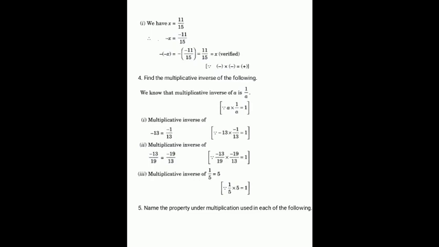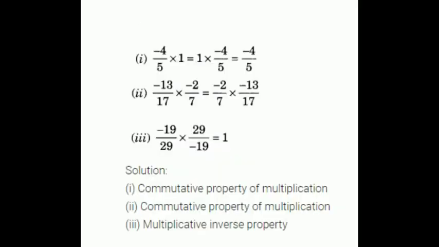Next, fifth question. Name the property under multiplication used in each of the following. First question, minus 4 by 5 into 1 equals 1 into minus 4 by 5 equal to minus 4 by 5.